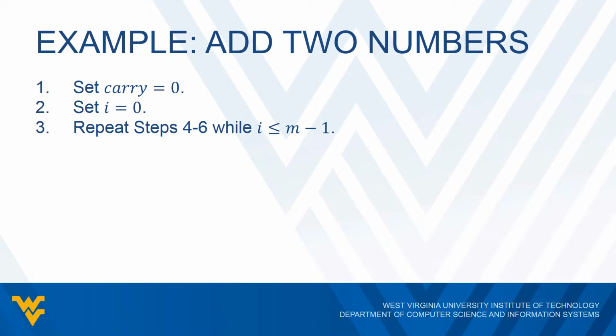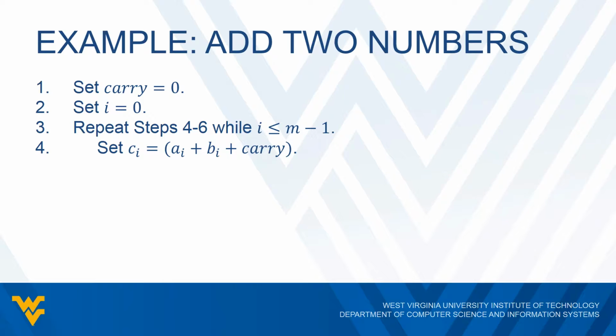So let's go inside here and see what we're going to be doing. The first thing we'll do inside this repetition structure is add the respective digits for some place in our numbers. So here we're going to have c_i. Remember, c is going to have the sum of a and b, so c_i is going to be the specific digit at place i.